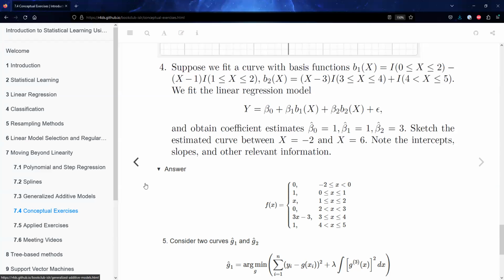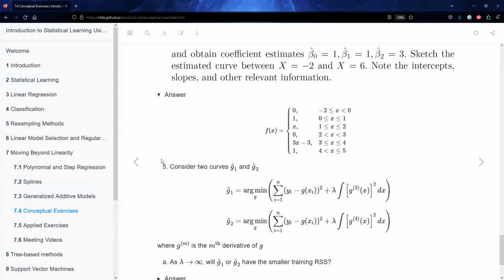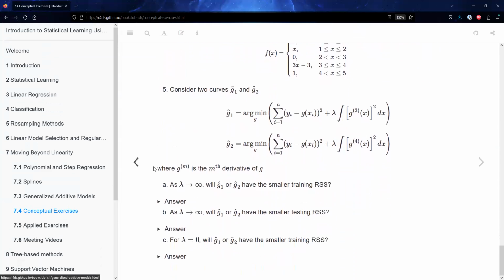And then finally, the last of the conceptual exercises, problem number 5. You might want to debate this a little bit. There are 2 g-hat functions, kind of similar to what we saw above, where they are composed of method of least squares along with a penalization term.